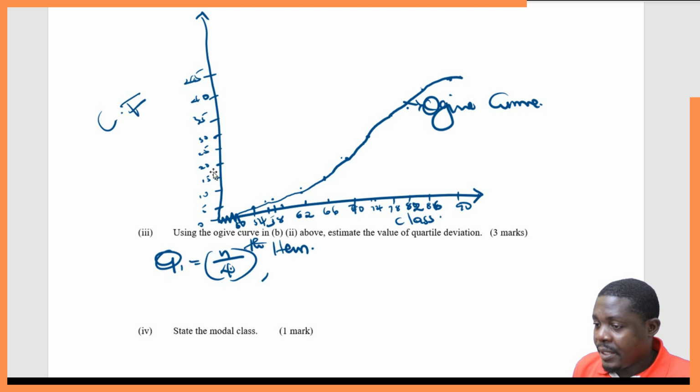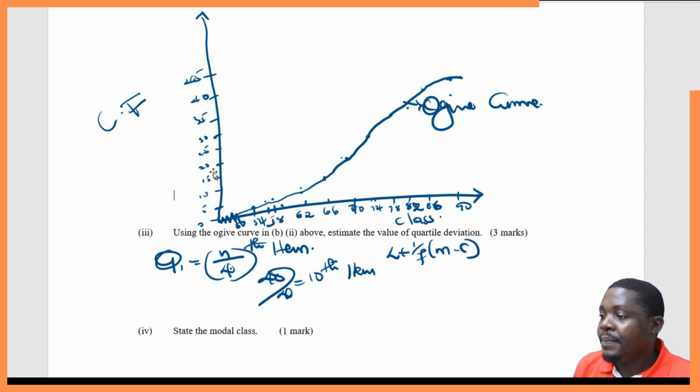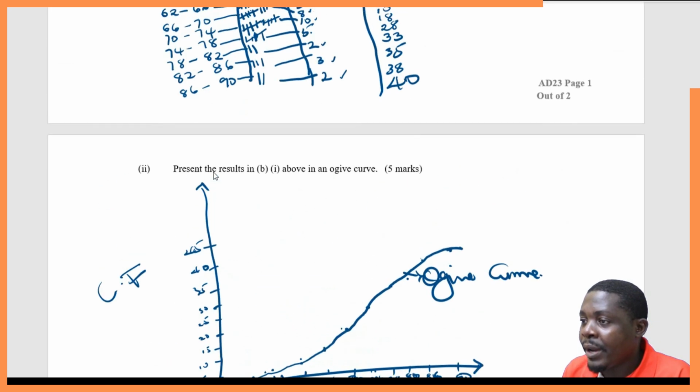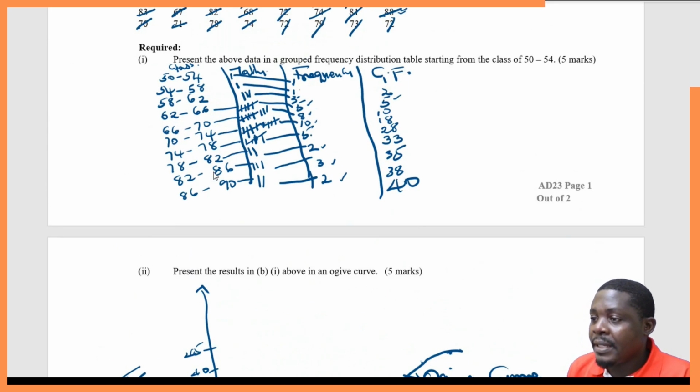Now in this case, we have 40 divided by 4, we get the 10th item. Then we can use the formula L plus I over F into M minus C. We bring this particular formula. Now we can identify where the 10th is.